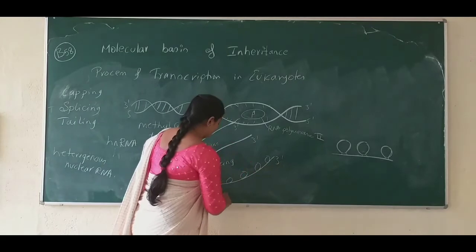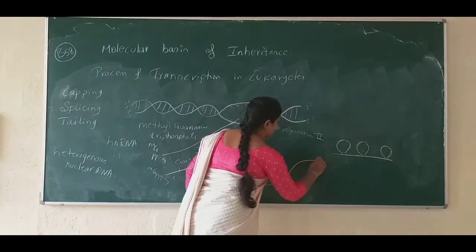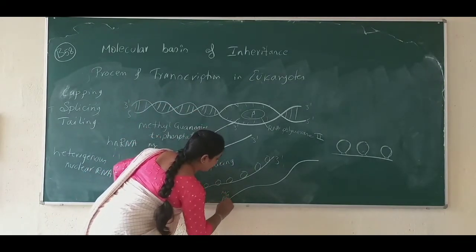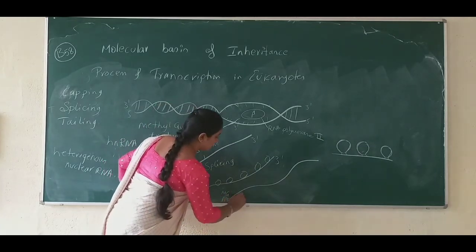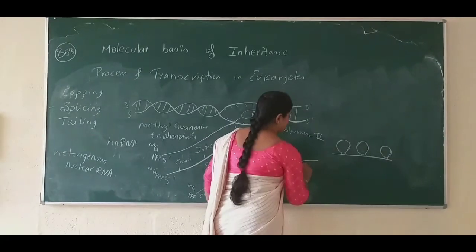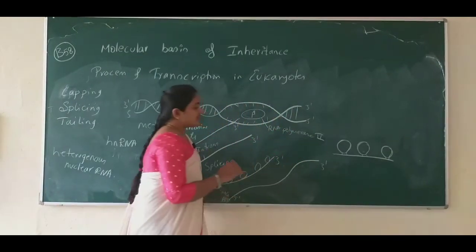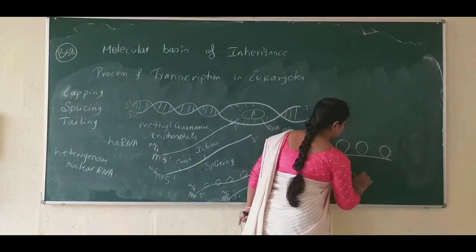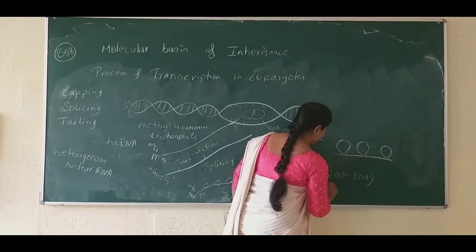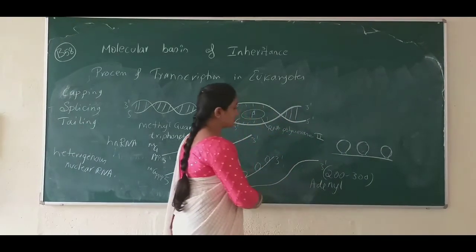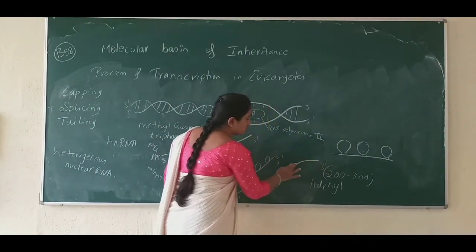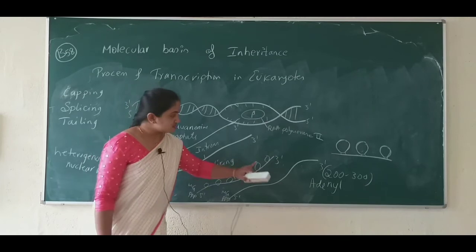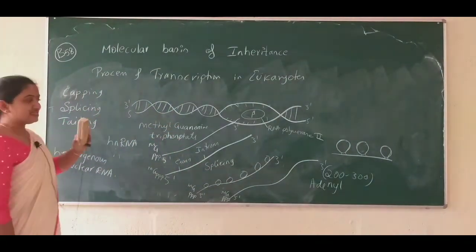At the 3' end, addition of, so here this is the MGPPP, methyl guanosine triphosphate, nearer to the 5', and at the 3', 200 to 300 residues of adenyl compounds get added at or nearer to the 3' end of hnRNA. This mechanism is known as tailing.